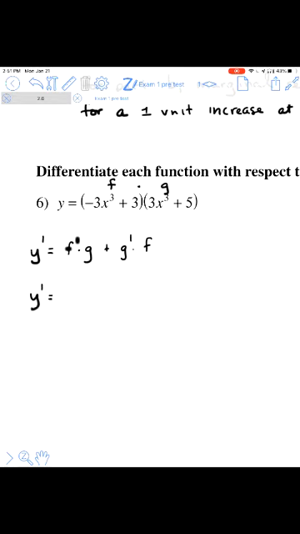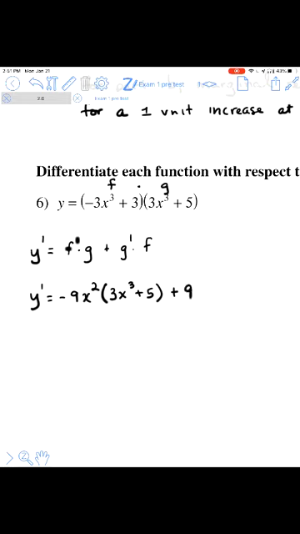So f prime would be the derivative of this factor of that product. So the derivative of that would be negative 9x squared. And then that's multiplied by g. And that's added to g prime. So now g prime would be the derivative of that factor of the expression.